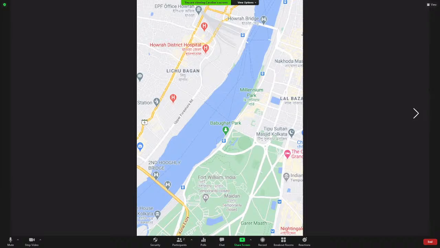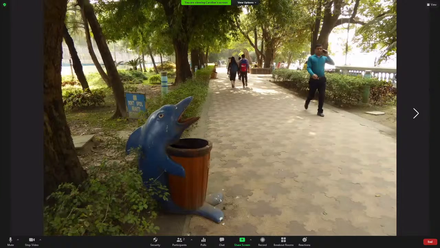The first bit, going south from the bridge, I had to walk on the road a bit. But then I got into the park, which runs all the way down to the second crossing. And I think part of it's called Millennium Park, so I presume it was laid out and prettied up in 2000.